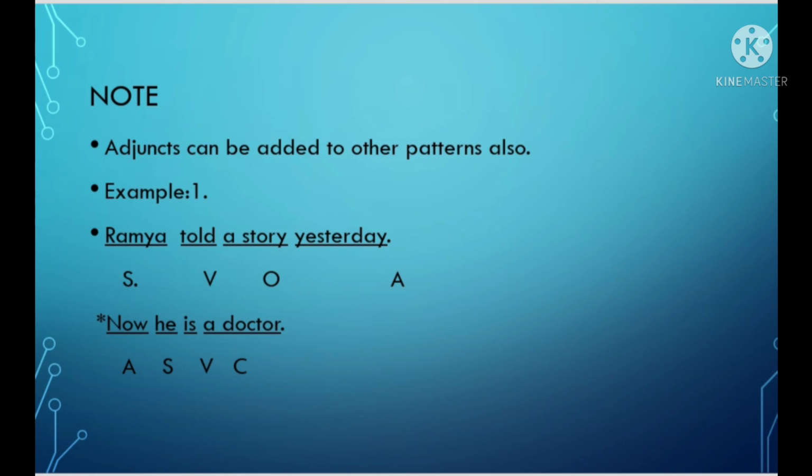Adjuncts can be added at the end of the sentence, and also they can be added at the beginning of the sentence. So Ramya told a story yesterday. So yesterday is the adjunct. Now he is a doctor. Here now is the adjunct, which is added to the first part of the sentence.